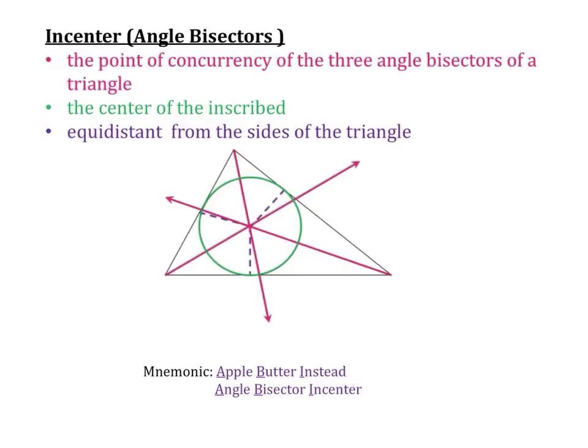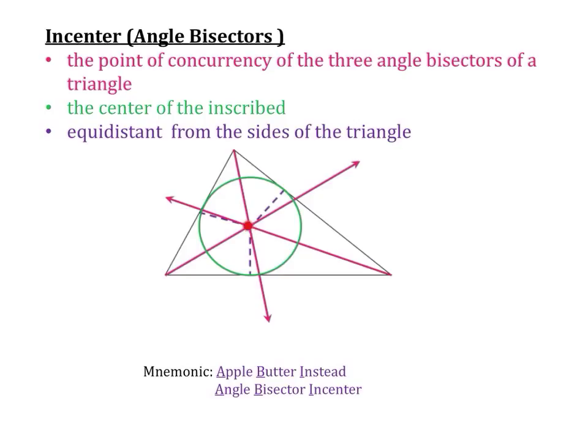All right, just as a triangle has 3 perpendicular bisectors, it also has 3 angle bisectors. And the angle bisectors of a triangle are also concurrent. So here we have the point of concurrency of the 3 angle bisectors of a triangle, and they all come together and intersect at a point called the incenter.